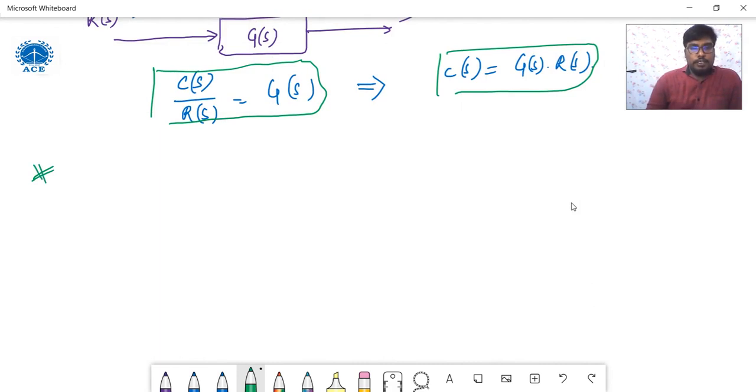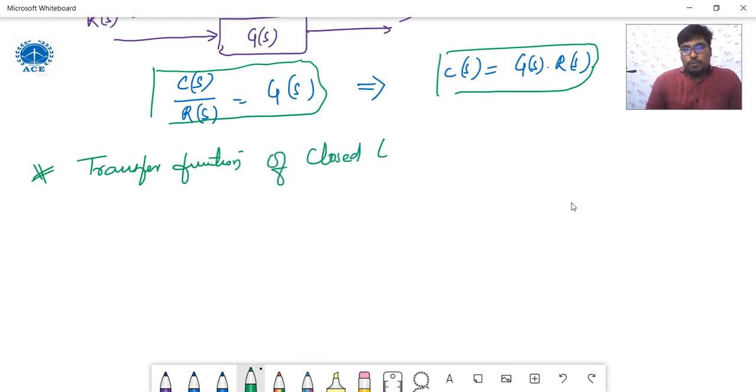Next we'll see the transfer function of closed loop control system.